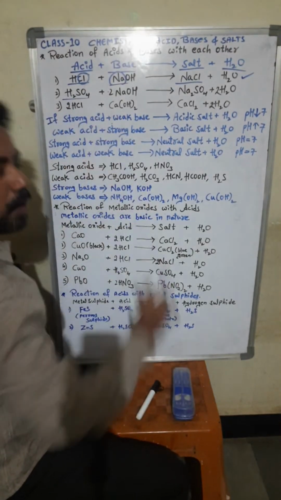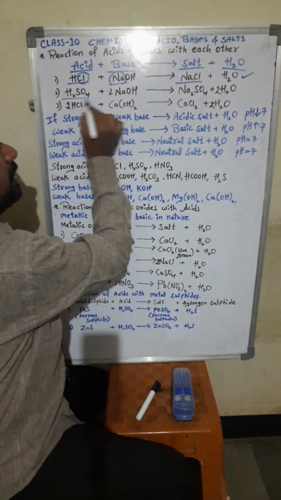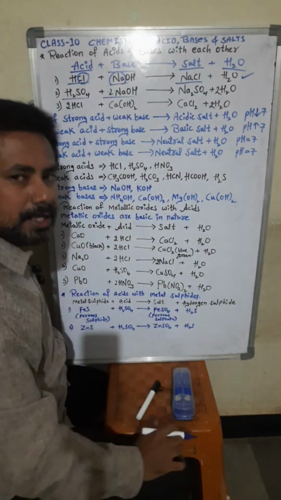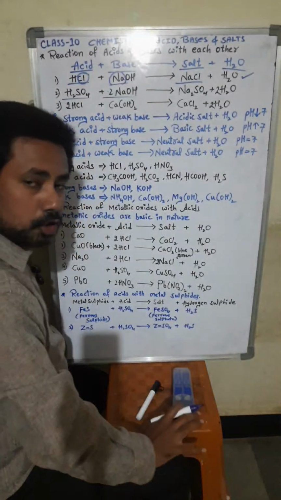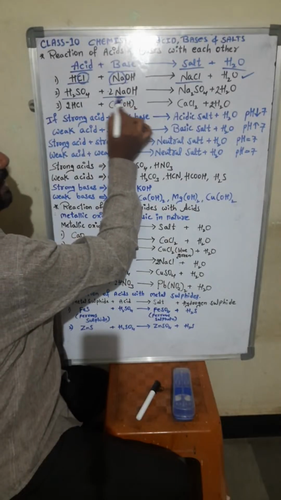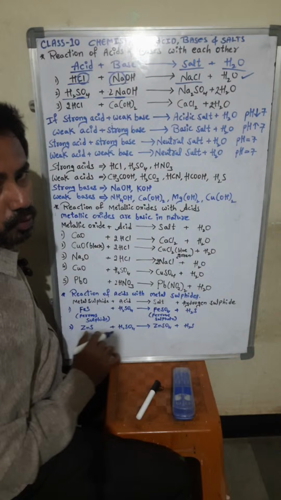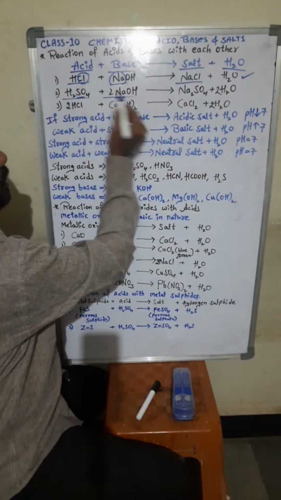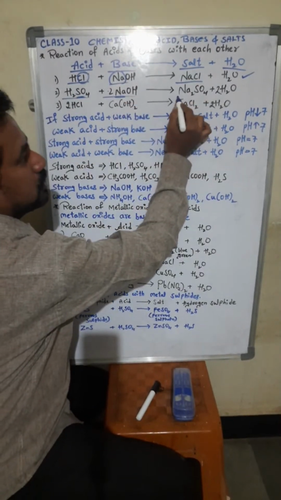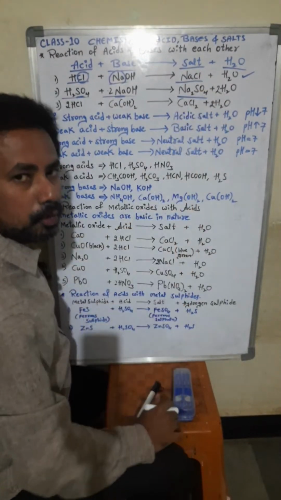So what is H2SO4? Sulfuric acid, king of the acids. When it combines with NaOH, sodium hydroxide, this Na will combine with SO4 and the remaining water will form, students. So what will form? Na2SO4 will form. What is Na2SO4?